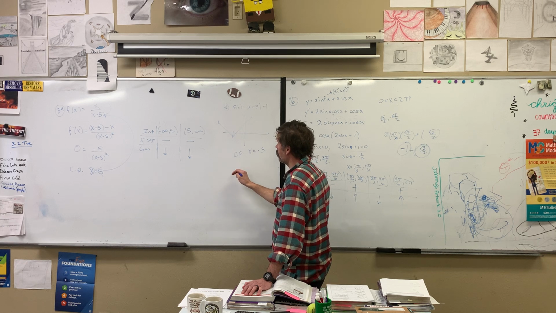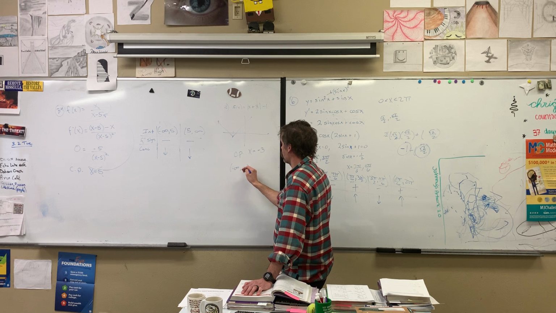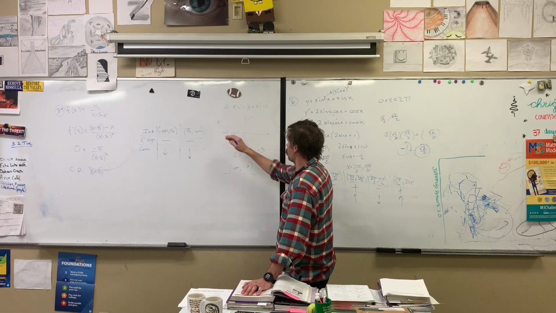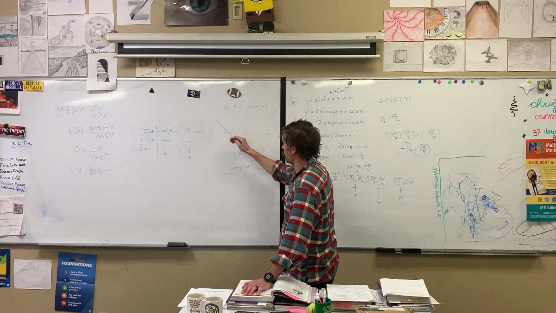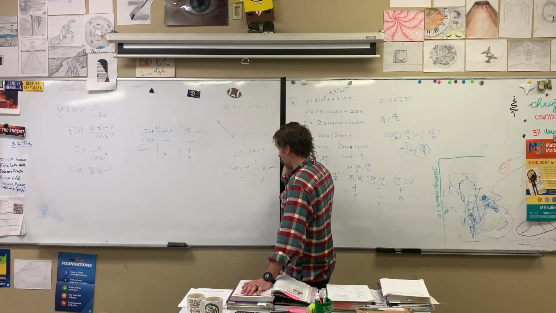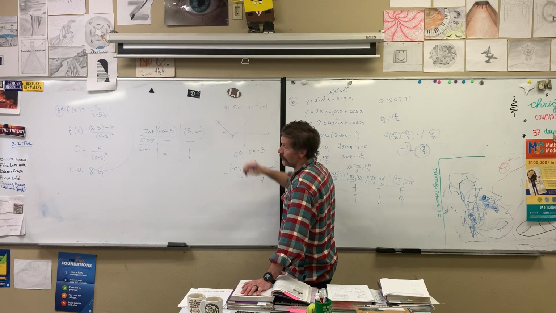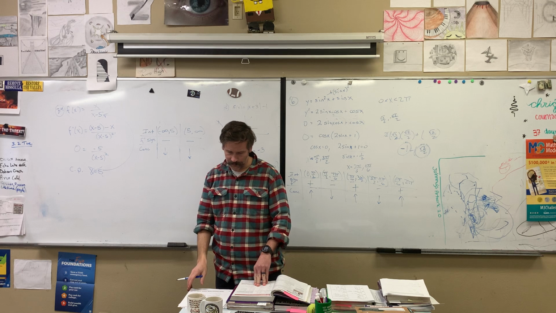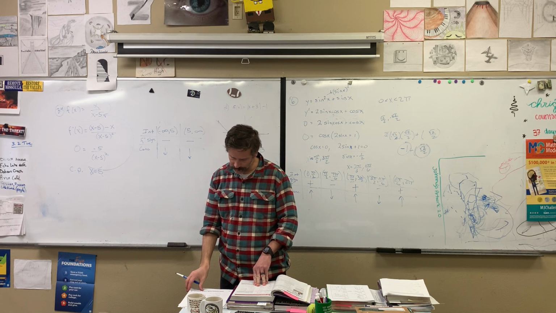The interval would be negative infinity up to negative 3, where the sign of the derivative is going to be negative, then it is going to be positive. And sure enough, we have a minimum value there. That's what those ones would look like.